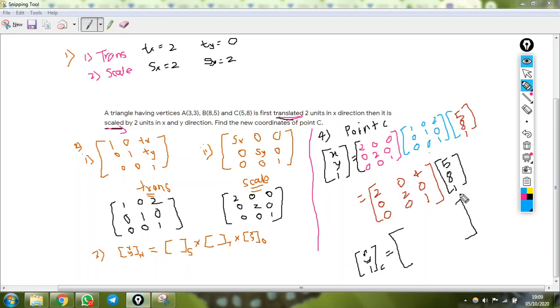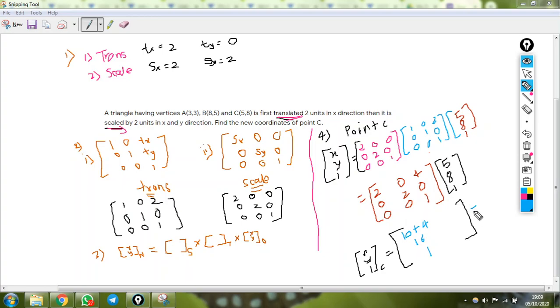Here is only one column, so no issue. 5 into 2 is 10, plus 0 into 8 is 0, plus 4 into 1 is 4. Then 0 into 5 is 0, 2 into 8 is 16, plus 0, and for the last row, first column, the answer is 1.